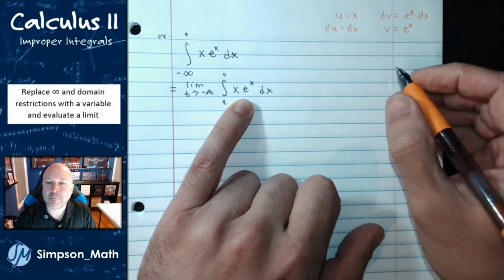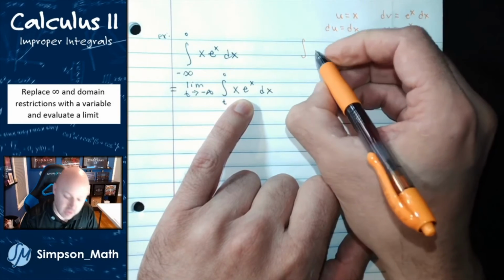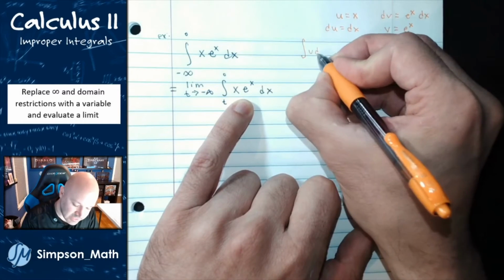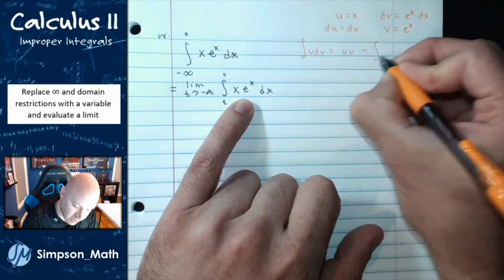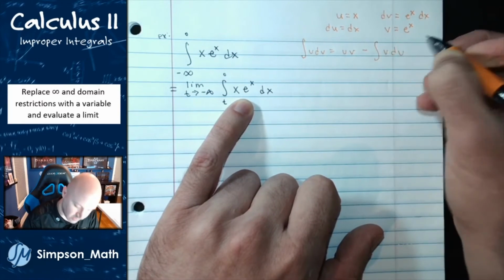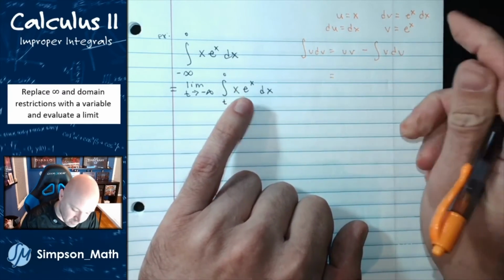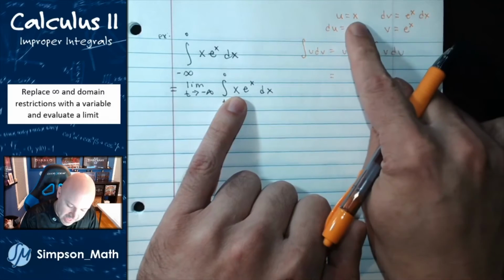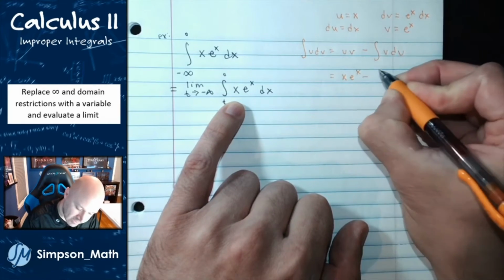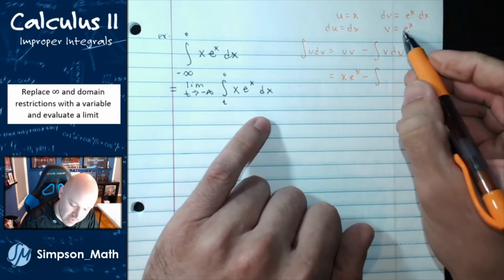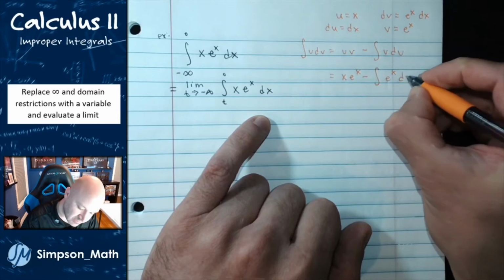That's nice. Parts formula, let me write that down. The integral of u dv equals uv minus the integral of v du. So this will be equal to x e to the x minus a new integral, v, which is e to the x, du, which is dx.